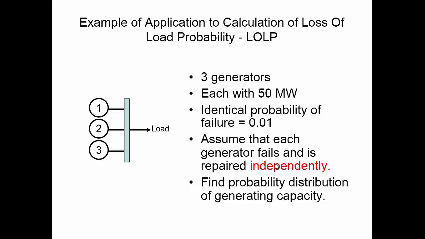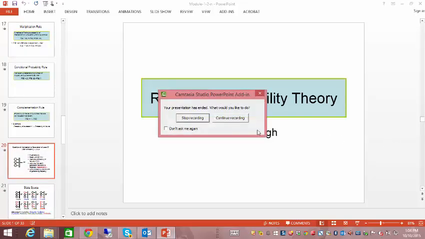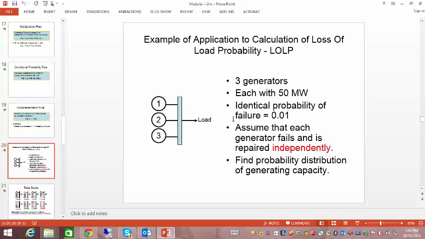Now let's take the example of 3 generators, and these 3 generators are supplying load. So each of these three generators has 50 megawatt capacity.